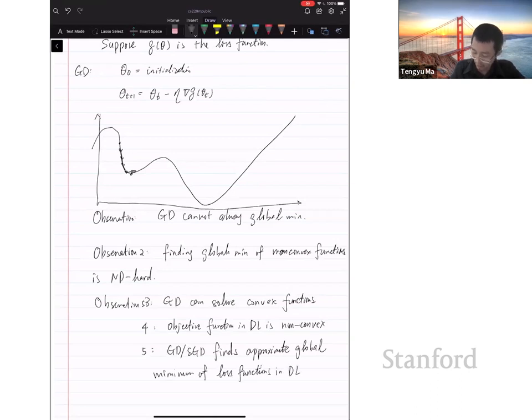Of course, this is not a 100% rigorous statement because it depends on which loss function you are talking about, what data set you have, and what architectures you have, and so on and so forth. But I'm just saying, for most of the cases in deep learning, stochastic or standard gradient descent seems to work pretty well. And why are they finding the global minimum? Because the loss function is non-negative, right?